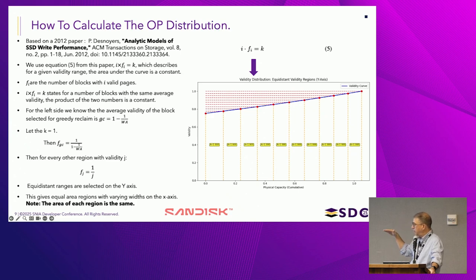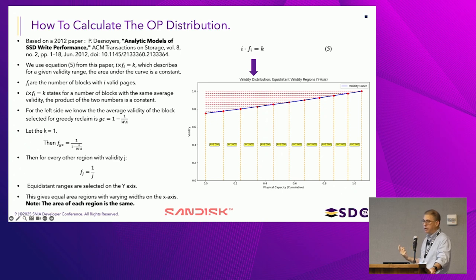Then we can take that region between the GC validity and 1 and divide that up into some number of regions. So we are able to use this formula to construct this curve, but it's not exactly what we want, in that we want at the end to have physical regions that are all the same.